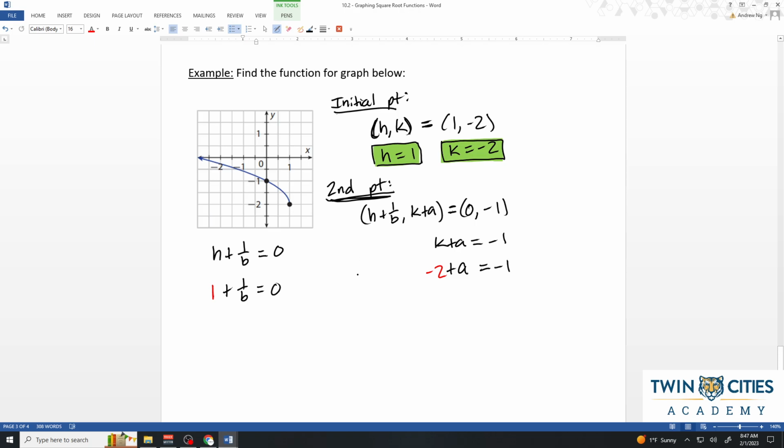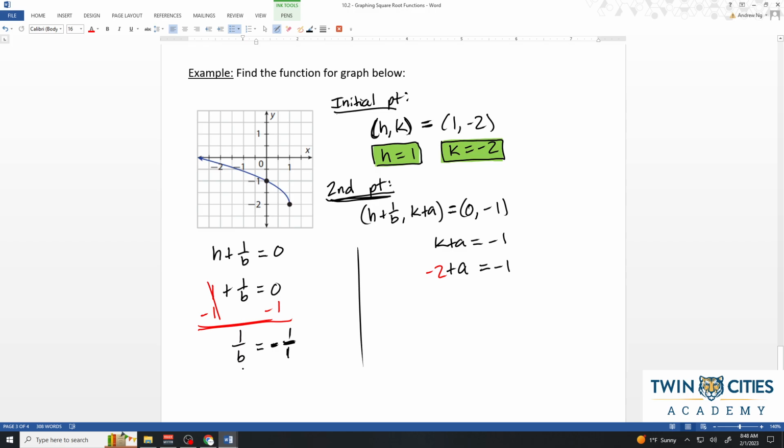All right, let's start with this left one. Solving for b, it looks like I'm going to subtract 1 from both sides. So I will get 1 over b is equal to -1, which is just -1 over 1. You'll see why I'm writing this as a fraction in a moment. I'm solving for b.